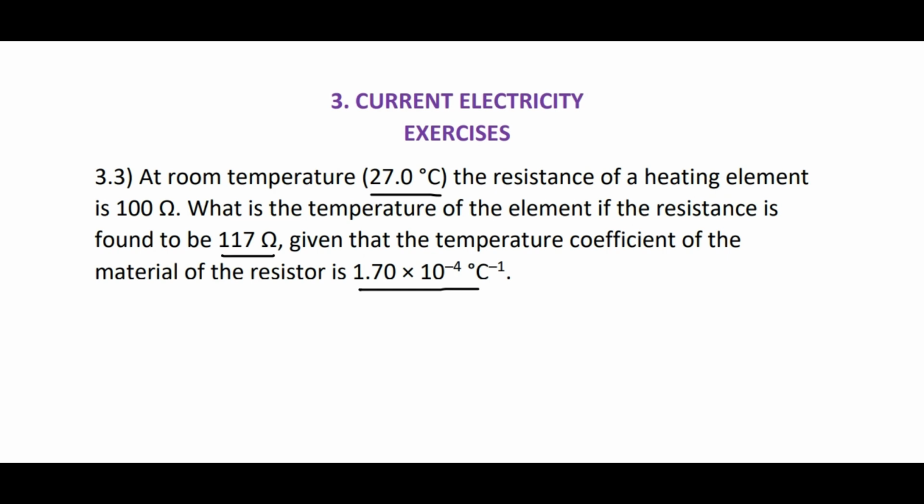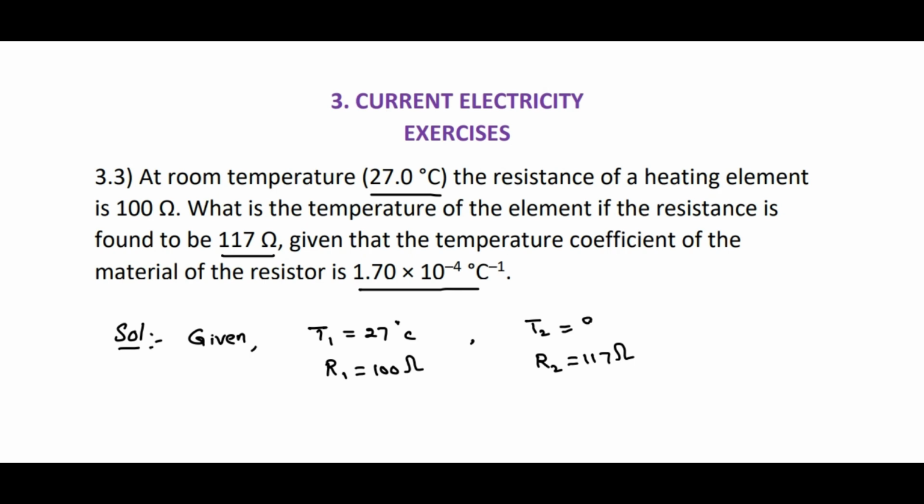Here the values given: when temperature T1 is equal to 27 degrees Celsius, its corresponding resistance R1 is equal to 100 ohm. When R2 is equal to 117 ohm, its corresponding temperature T2 we need to find out.